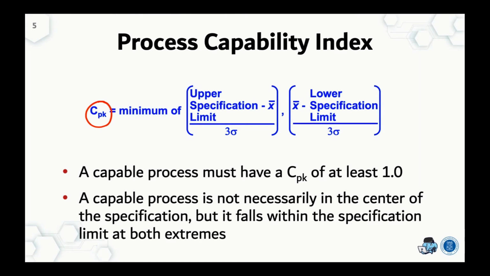Again, same as the capability ratio, we say the process is capable when it has a capability index of at least 1. The capable process falls within the specification limits at both extremes.